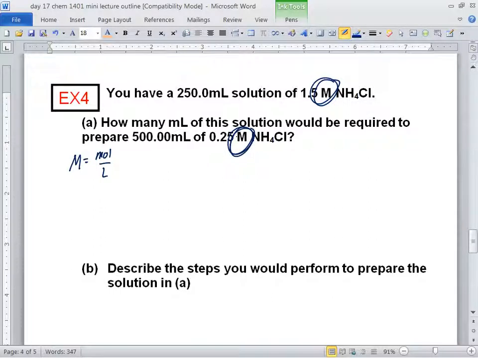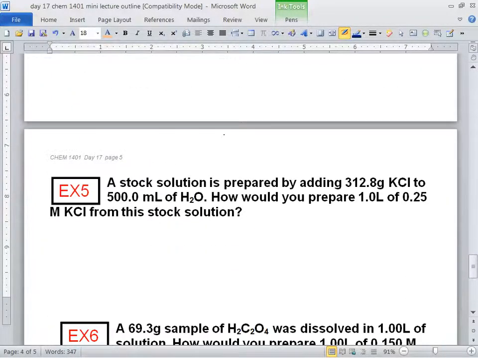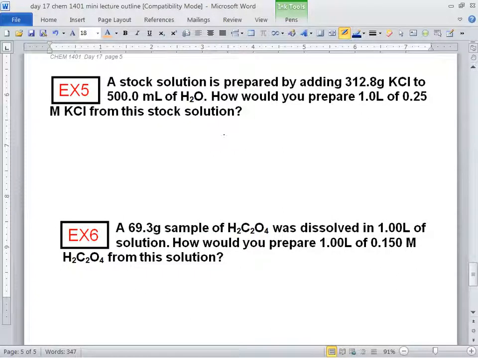All right. To me, that's my hint. So it's going to be a lot easier. Then to describe the steps. How about 5? Oh my goodness. Mia, what do you think about 5?